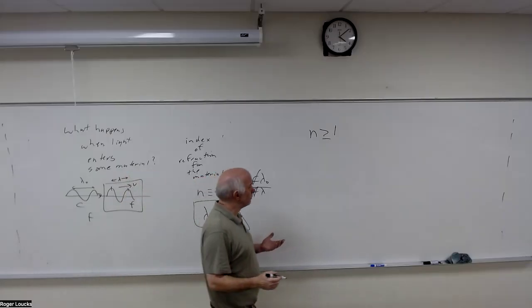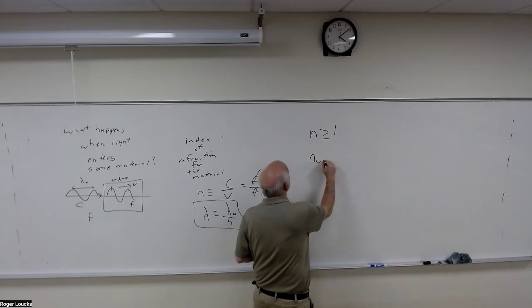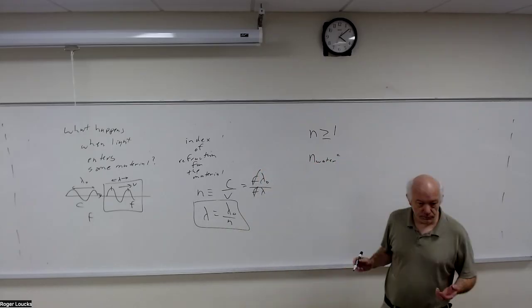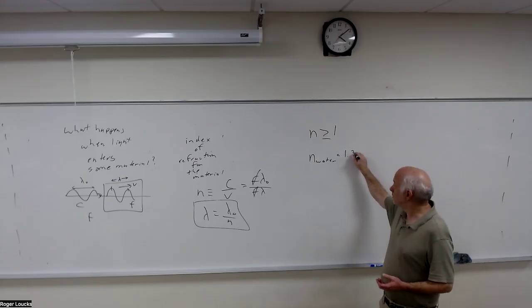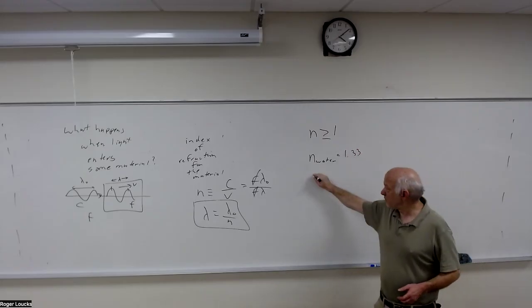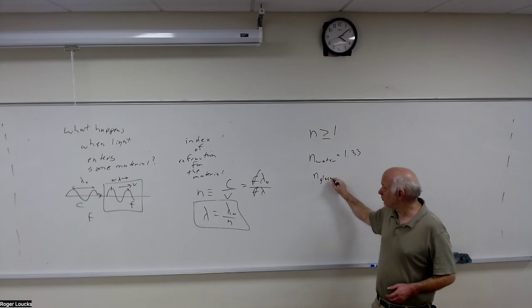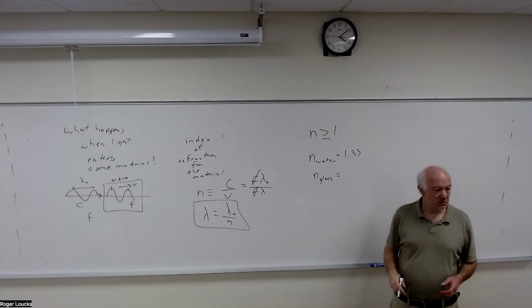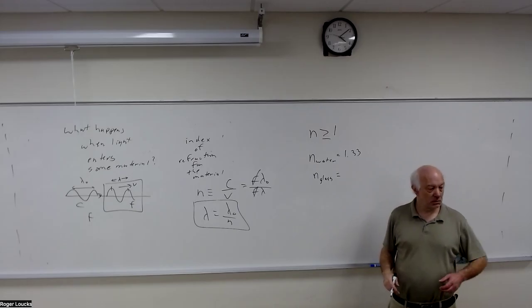What are typical n values for, let's say, water? This one you want to memorize: 1.33. For glass, there's no one value for glass. What was the typical glass value? Ours is 2.8. Really? Yeah.